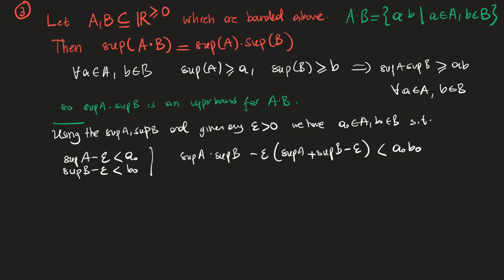But this is the second condition of the definition of being a supremum, right? Because given any epsilon, of course it can be very small, as long as this epsilon does not exceed the sum of these supremums.